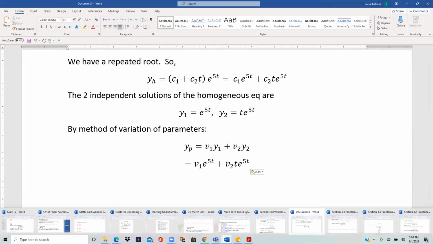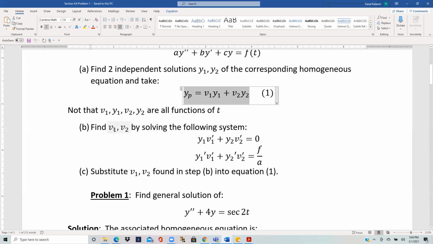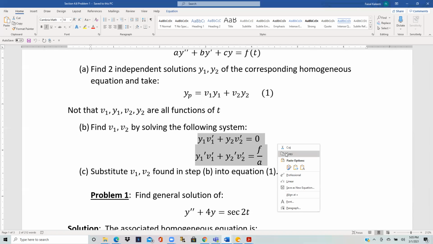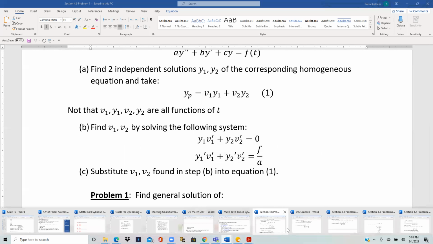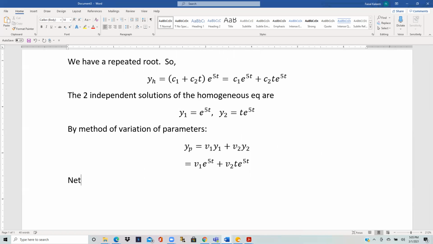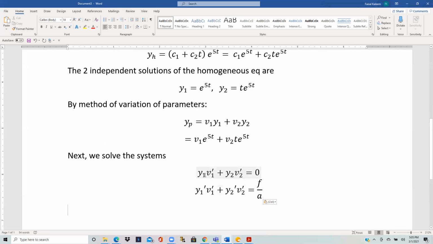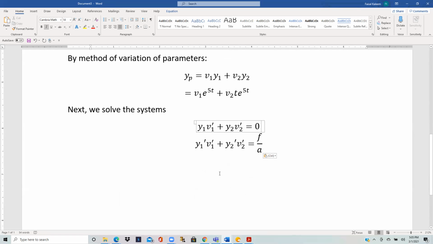Now let's go back and see what the next step was. The next step was that we find v1 and v2 by solving these two equations. So next, we solve the system.